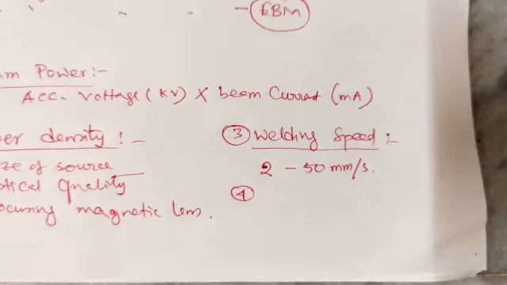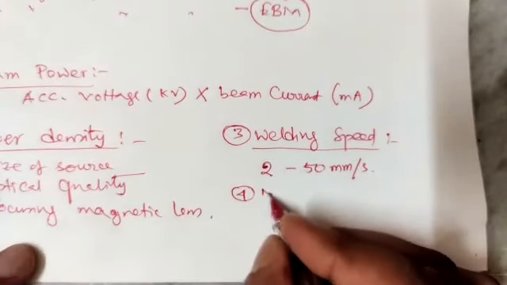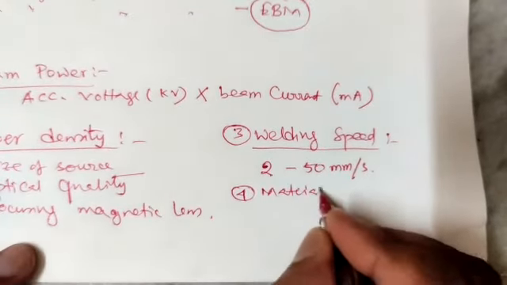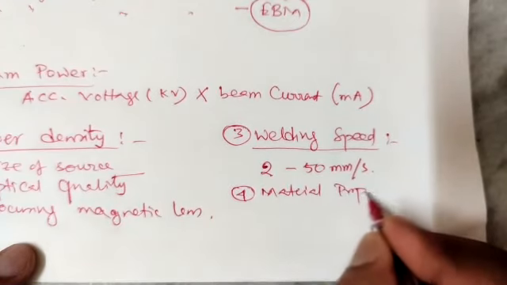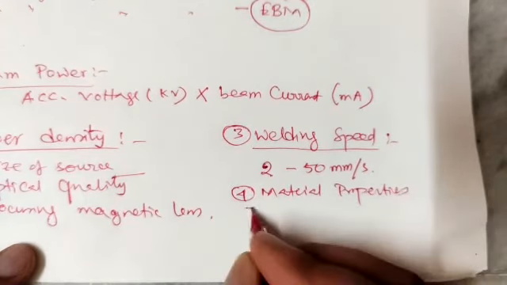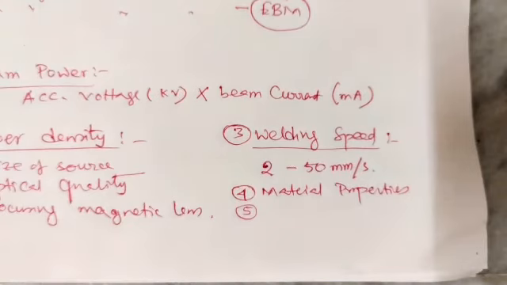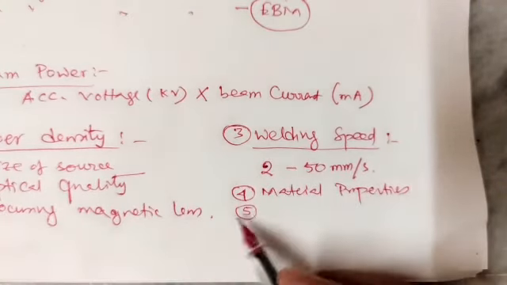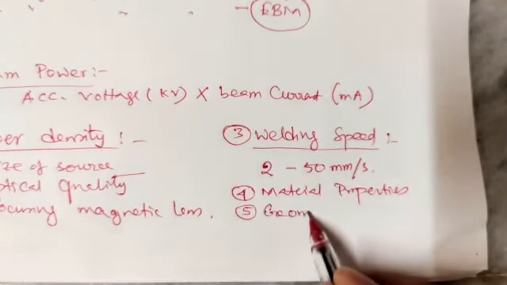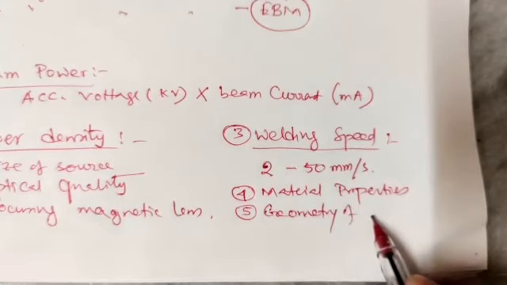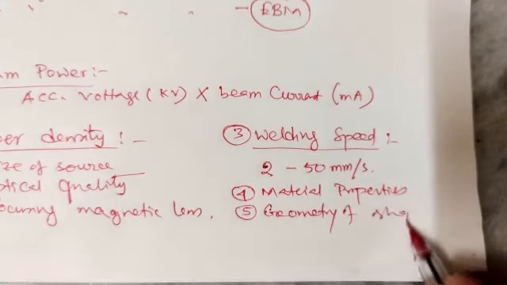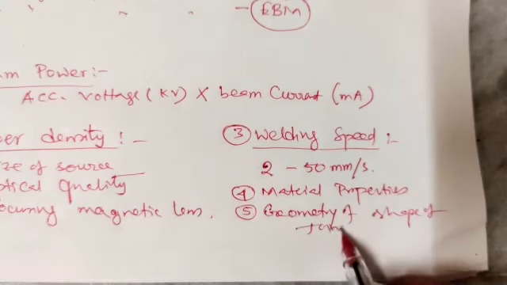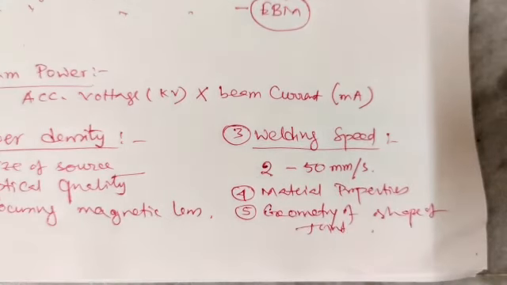Okay, so fourth one is material property, and we can even go for geometry of the shape of joint. Okay, geometry of the joint, right?